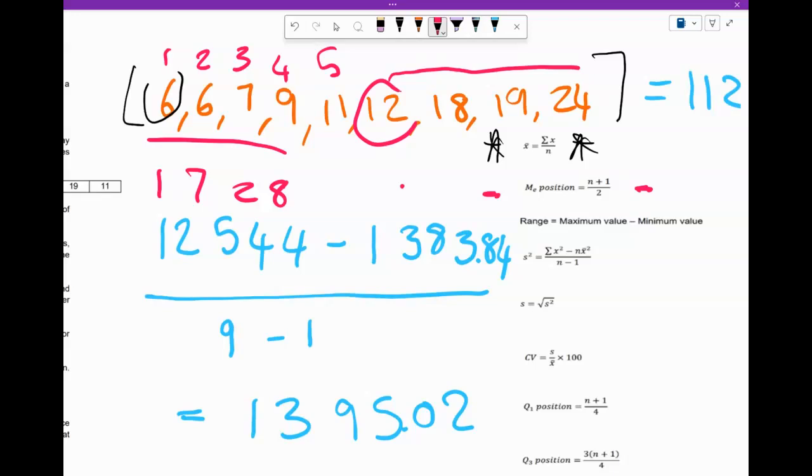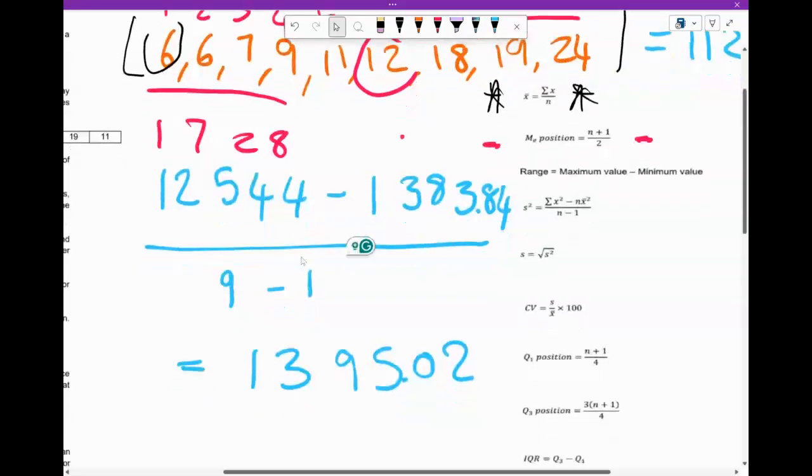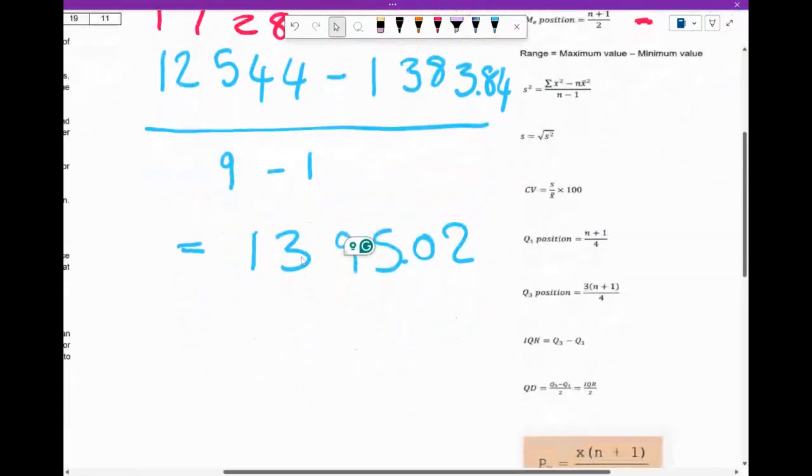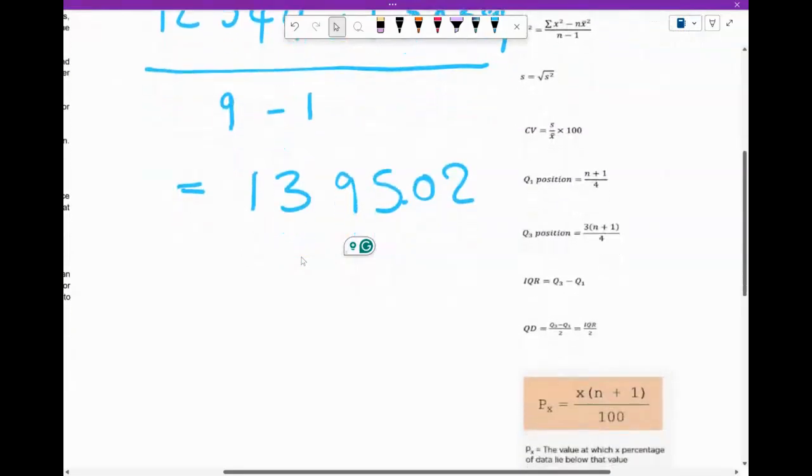Something there doesn't seem right. All right, so anyway, let's stick with ours until I go and check to see what may be the issue, if at all we are wrong.